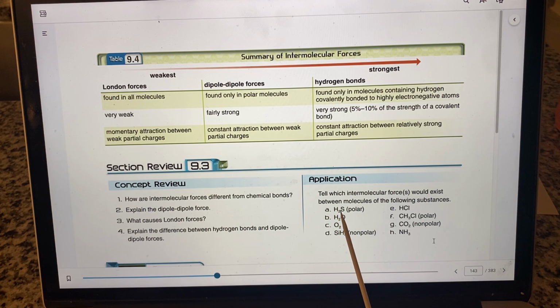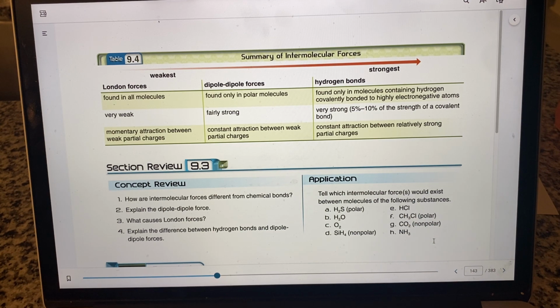H2O, which is water, would have hydrogen bonds, of course, and also dipole-dipole because water is polar, and London. All three forces in that one too. D is a non-polar one, and non-polar ones only have London. So London is the only one here. The other ones are not there.